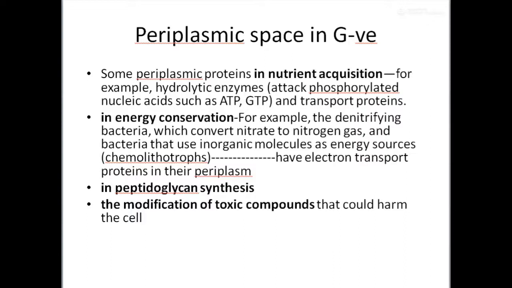And there are various transport nutrients also being present. And sometimes they might be involved in energy conservation, that is to store energy, or sometimes in the peptidoglycan synthesis or in the modification of toxic compounds that could harm the cell. So various proteins have been present in the gram-negative bacteria and they do play a different role.